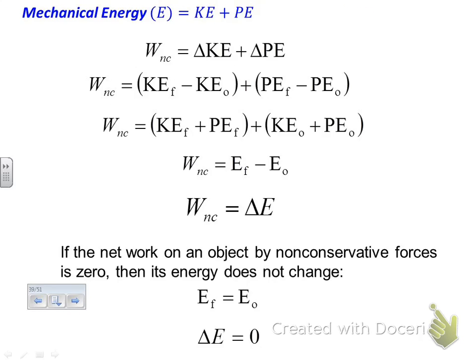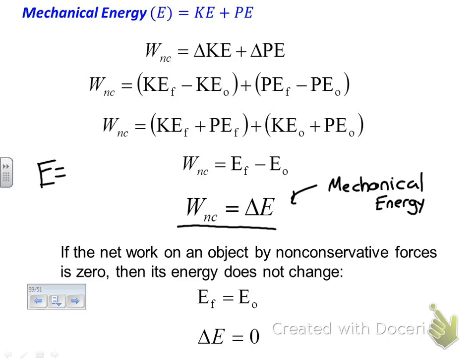The next slide just finds another equation in which we can solve for our work non-conservative. Our work non-conservative is equal to our change in mechanical energy. The formula for mechanical energy is the potential energy of an object plus its kinetic energy equals its mechanical energy.